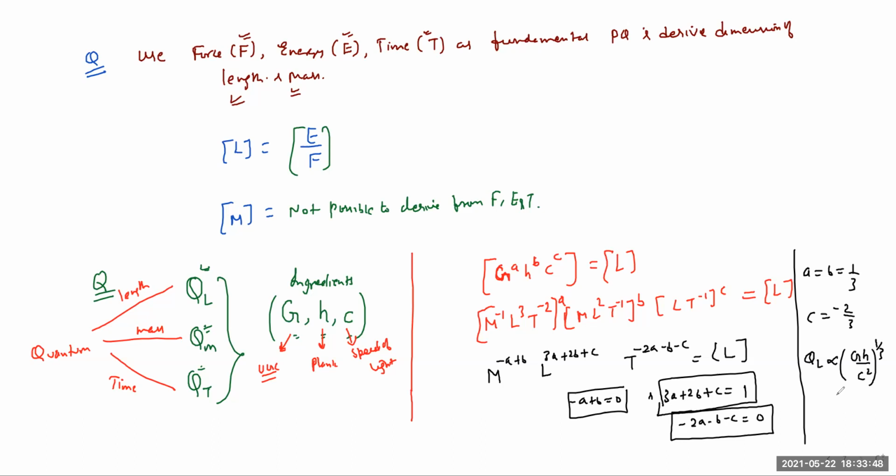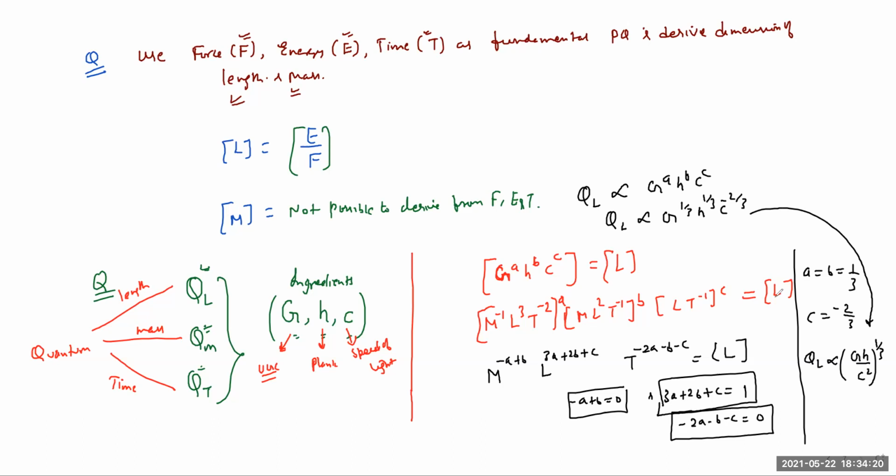So how is quantum length proportional to GH upon C square to the power 1 by 3? Because that is what we started with. We assumed that because we don't know the answer. So let's say quantum length is proportional to G A, H B, C. So we got the value. Yes, sir, understood. 1 by 3, 1 by 3, minus 2 by 3. So that's why we can write like this.